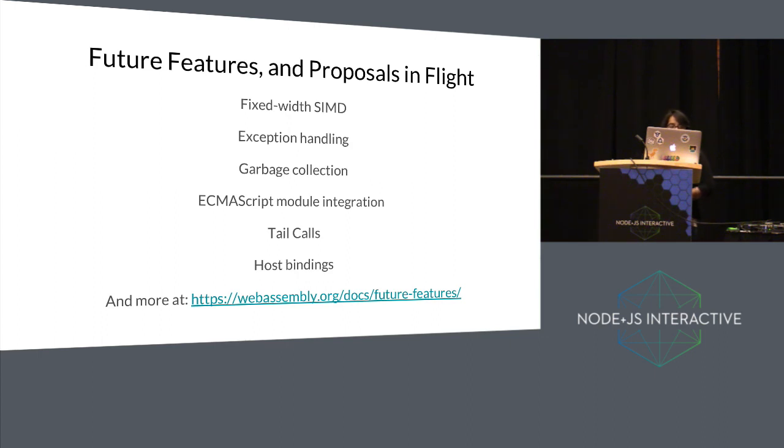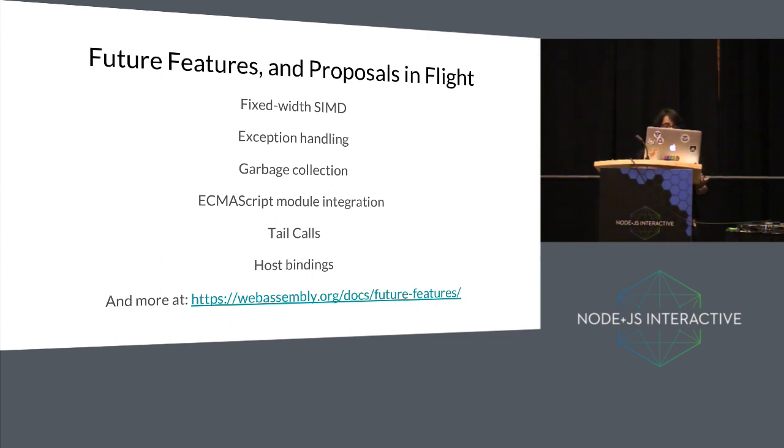And the other interesting one is garbage collection. We've seen a lot of C and C++ code, but what about higher level languages? To port any of these higher level languages to WebAssembly, you need garbage collection support. That's also being actively worked on. There's tail calls, host bindings. ECMAScript module integration is also quite interesting.